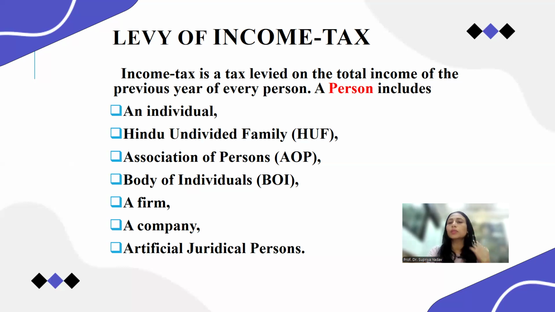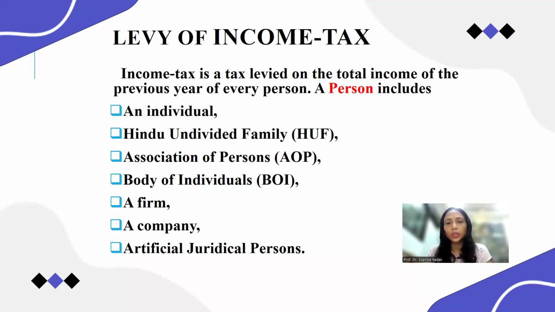Artificial judicial person means they are not living, that means they are not human beings, but the act has given them the power to act like a person. Legally they are empowered as a person. That's why they are known as an artificial judicial person.